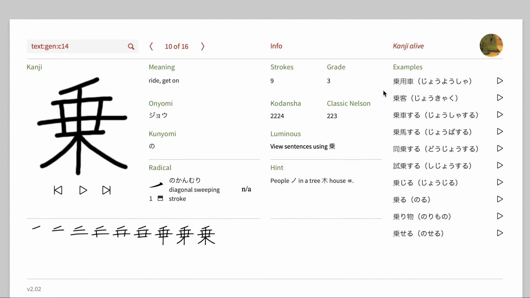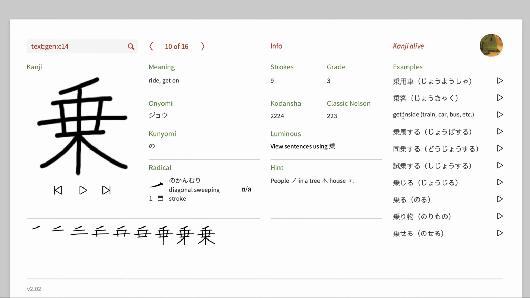So we have joyosha, which is another word for jidosha or kuruma, automobile. Jokyaku, so you might know kyaku-san is customer. Jokyaku is a passenger, literally a riding customer.